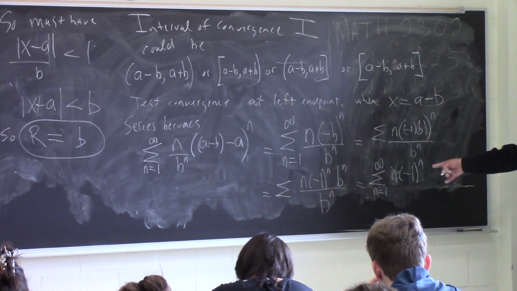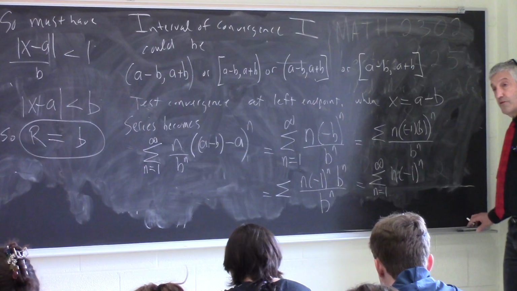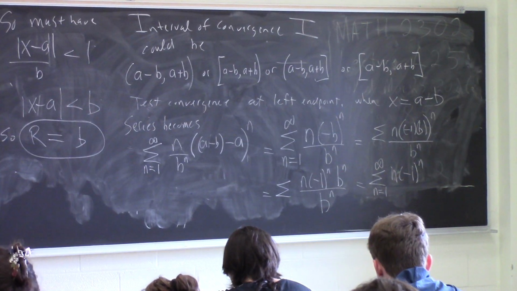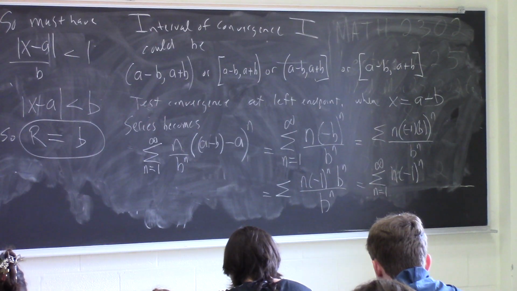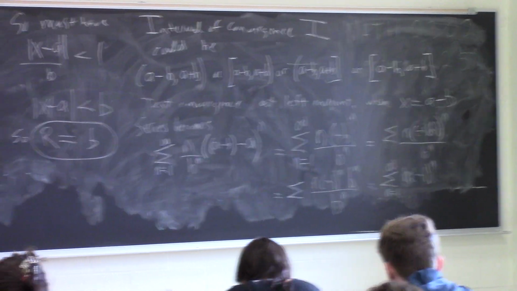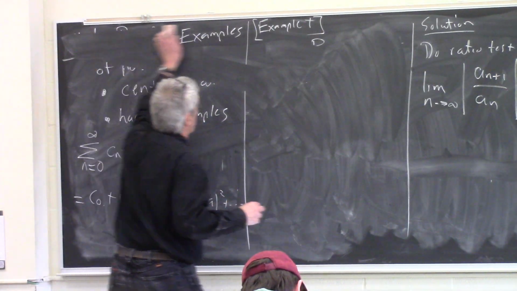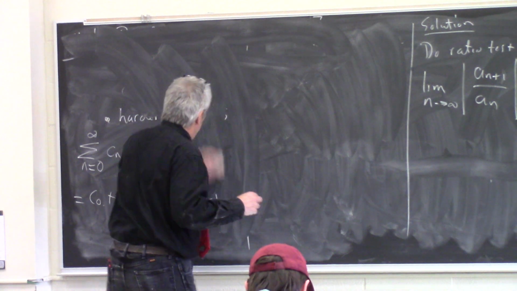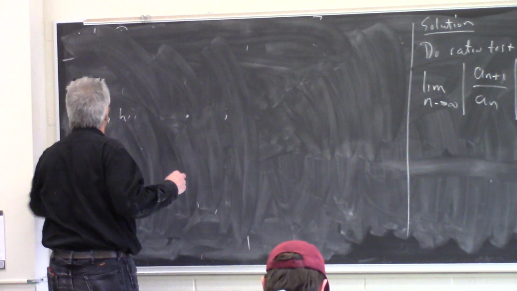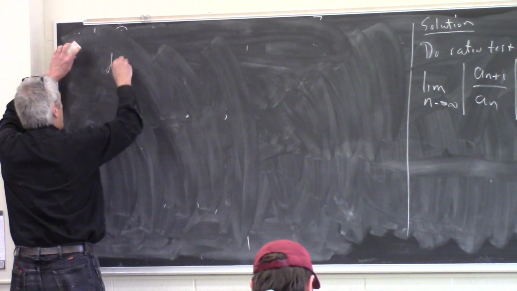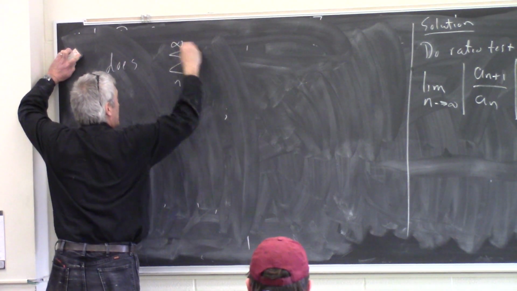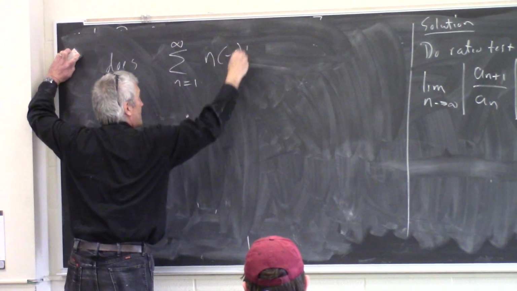Okay, so here's a series. Does this series converge? So the question is, again, we're still in example 1. Does this series, n equals 1 to infinity of n times minus 1 to the n, converge?